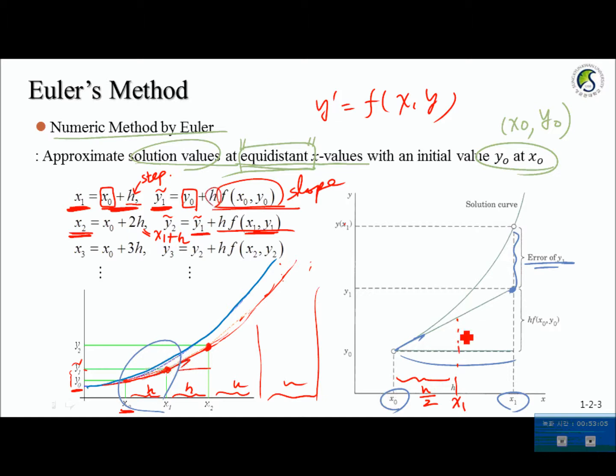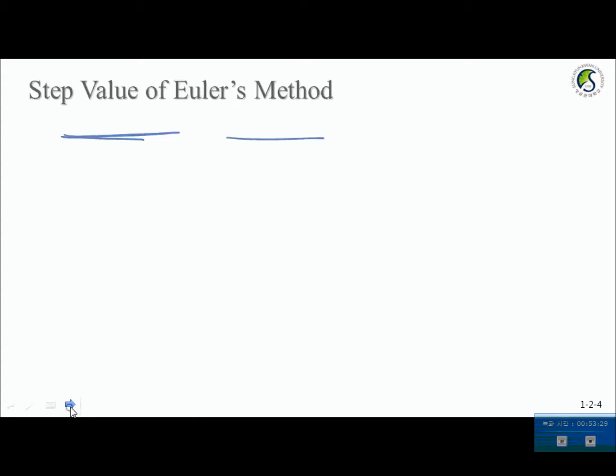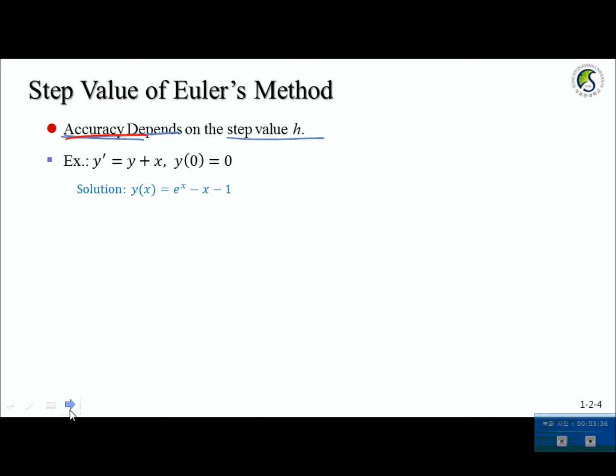But then you're going to have this much. That's y1, right? Then you have this amount of error. But the problem is, if you decrease the h, you need more calculation up to that point, right? It's doubling the calculation. So it's calculation versus accuracy. Accuracy versus computing power, right?